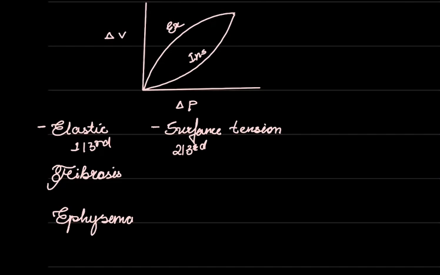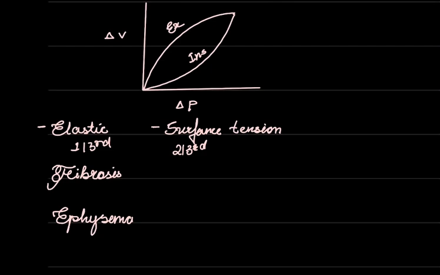So in emphysema, the functional ventilatory capacity increases, and hence the compliance also increases, because due to the lack of elastic tissue, the lung gets expanded easily.